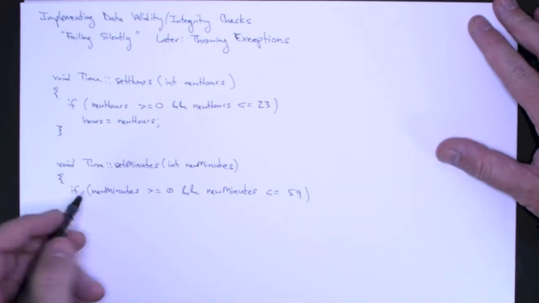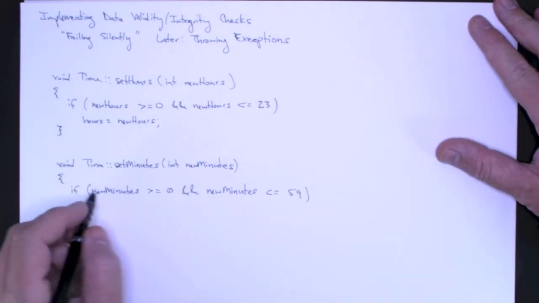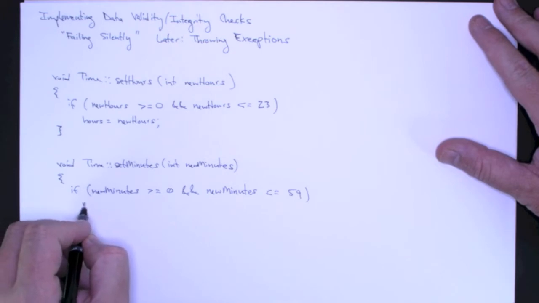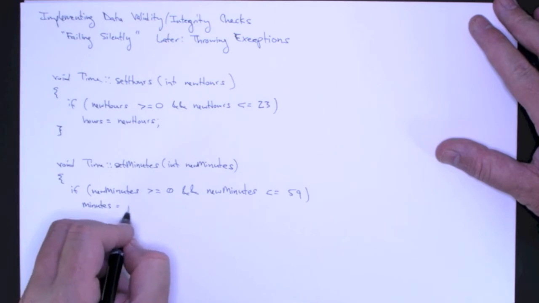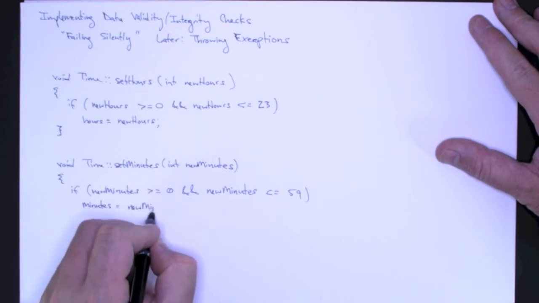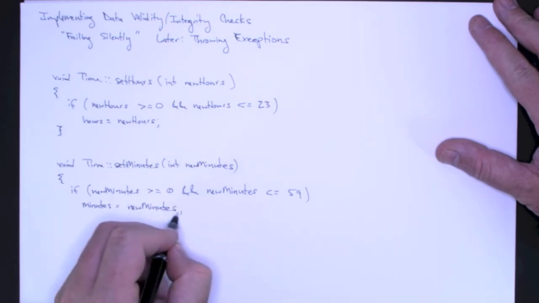If this is true, then I can make the assignment. I know that I have a valid value for minutes, and I can say that minutes is equal to new minutes. Just like that.